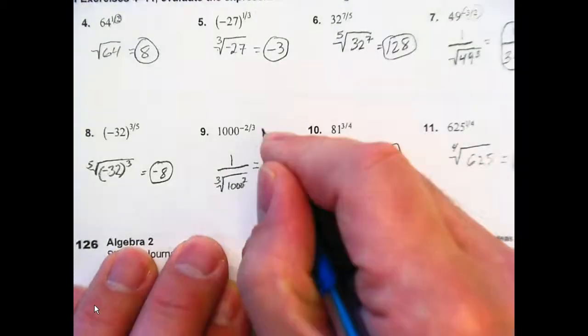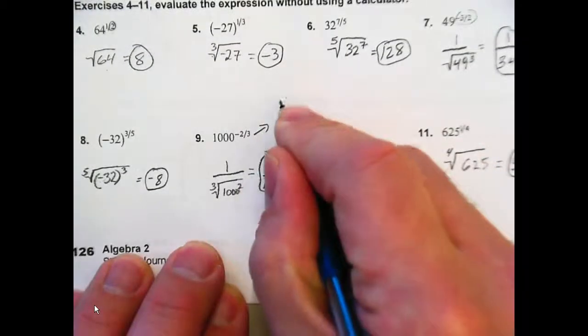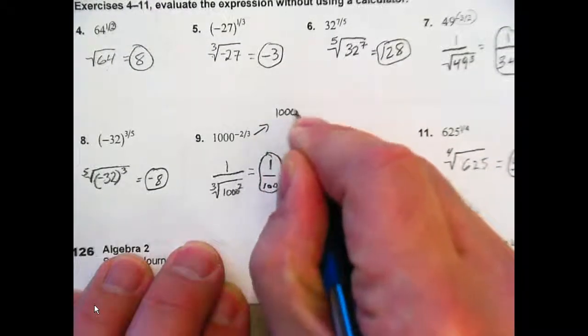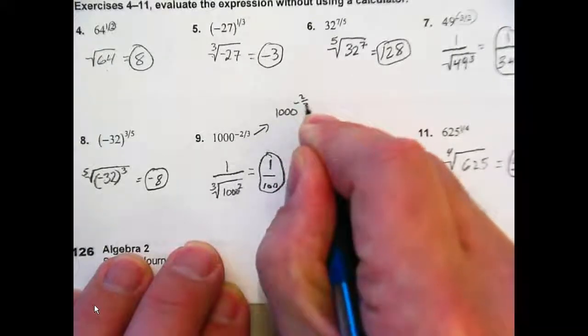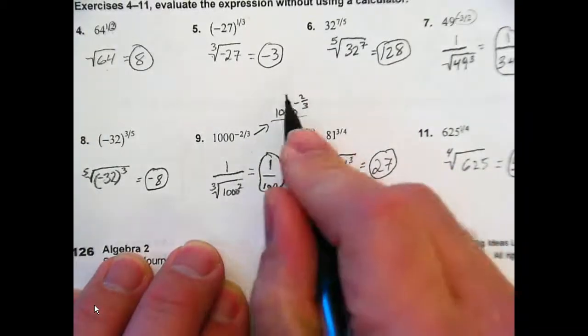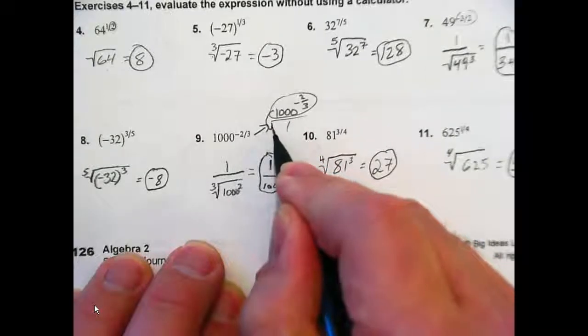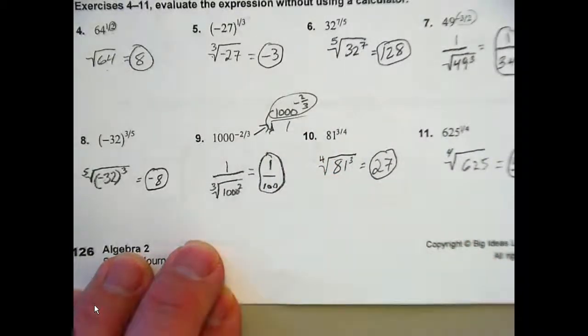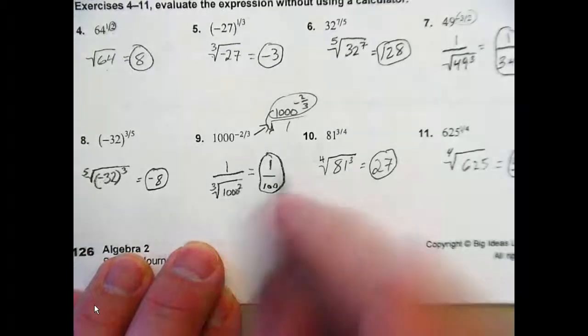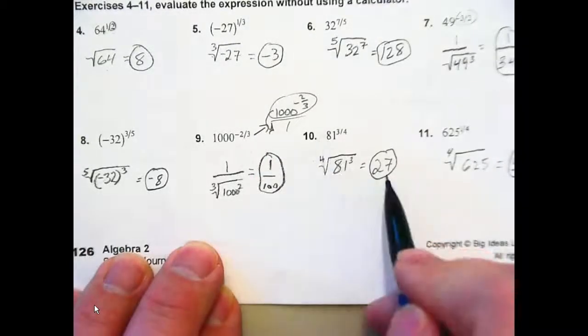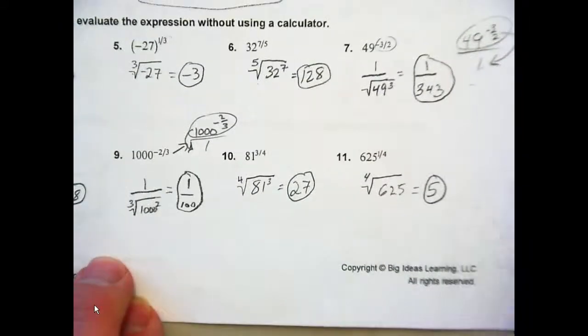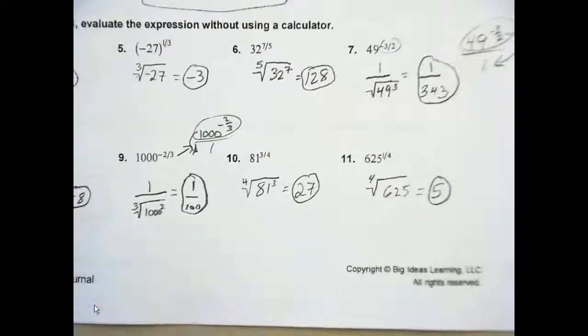So this you could think of as 1,000 to the negative 2/3 all over 1. You move that down to the bottom. Okay, which brings you to this form here. Okay, number 10 is 27, and number 11 is 5. Any questions on that side?